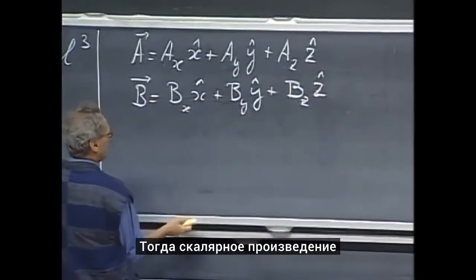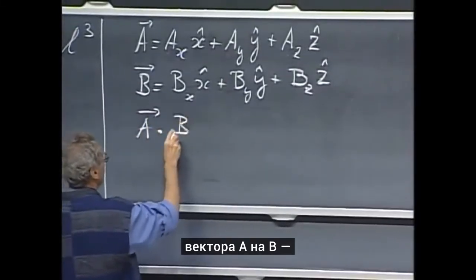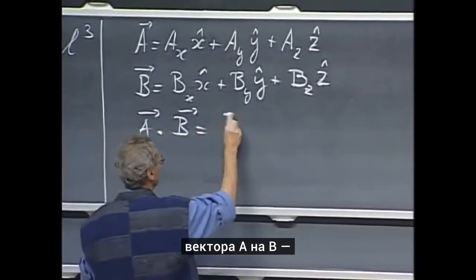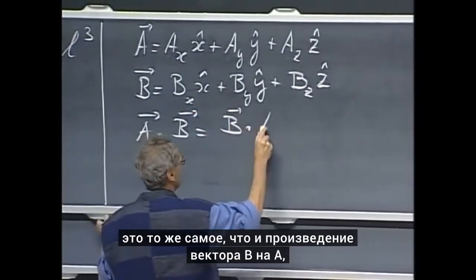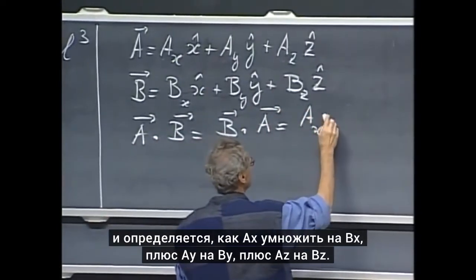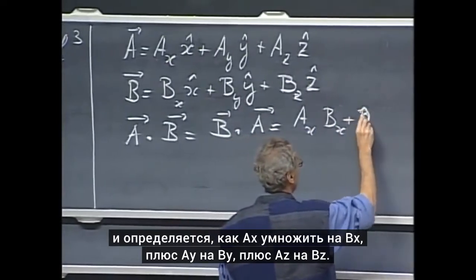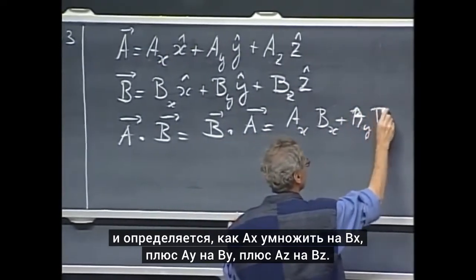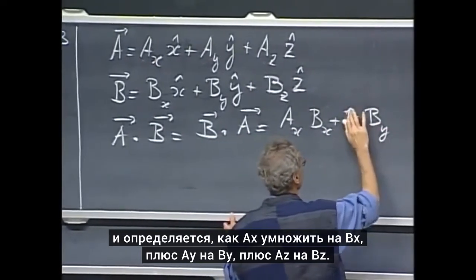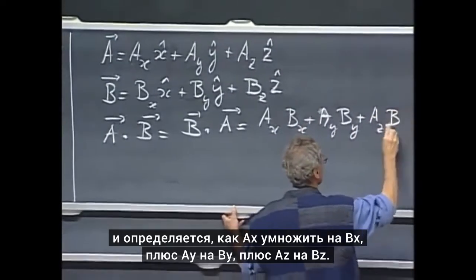Now the dot product, A dot B, also called the scalar product, is the same as B dot A, and it is defined as AX BX plus AY BY plus AZ BZ.